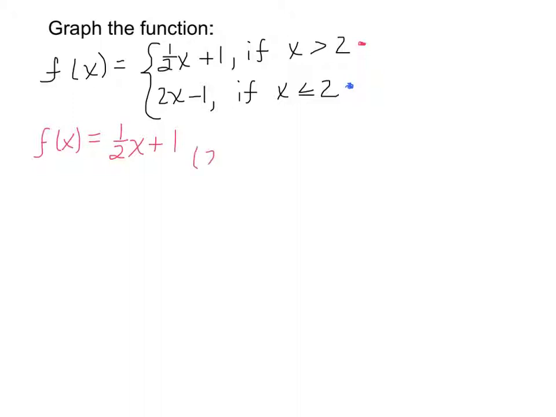So I'm going to plug in 2. And I will get half of 2 is 1. 1 plus 1 is 2. 2, 2 would be my first point. And then I'm going to plug in 4, because that's also greater than 2.